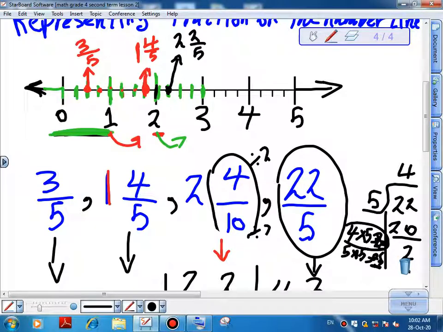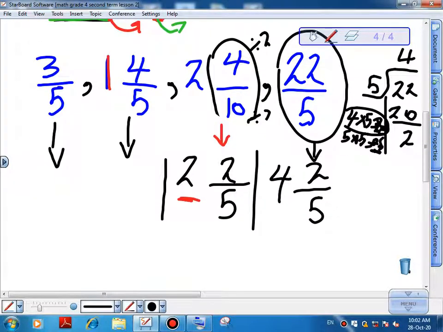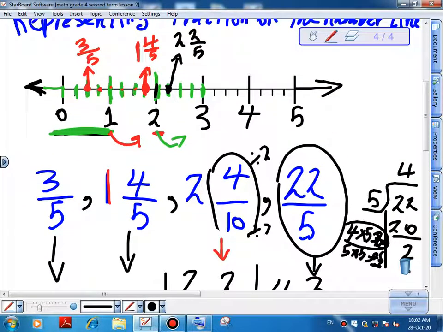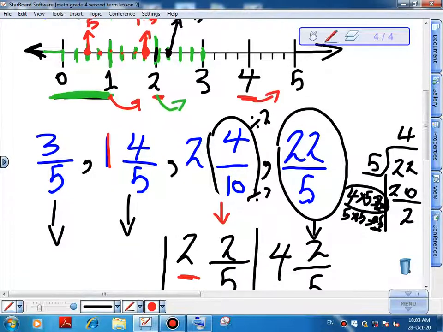And the last one, 22 over 5. We convert this improper fraction to a mixed number like this. 4 and 2 over 5, 4 is the whole number. Where is 4? 4 is here. And we put the fraction after 4, 4 and 2 over 5.